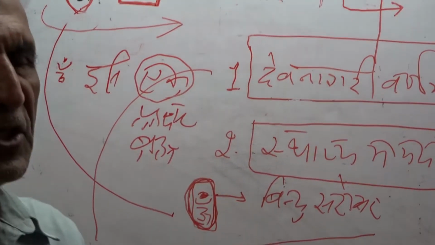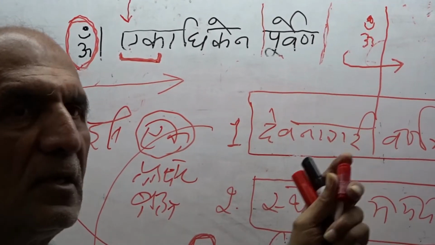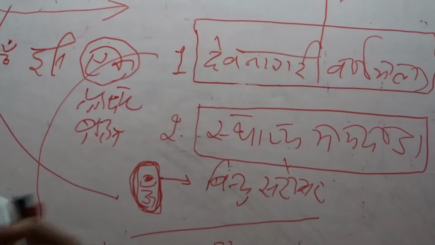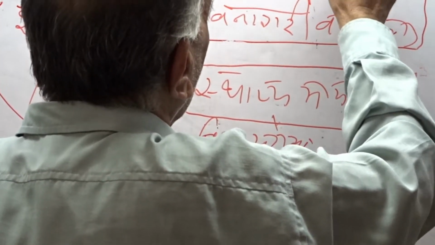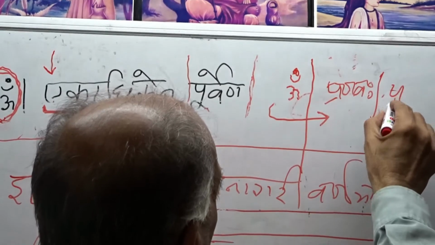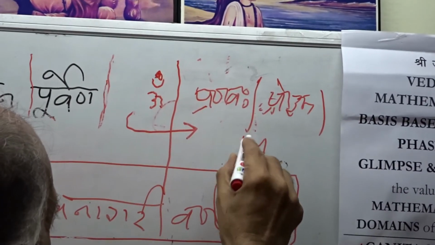In Srimad Bhagavad Gita, we will see that in 4 different places there are 4 different synonyms. This formulation is given as Om, as Pranava, and as Omkar.